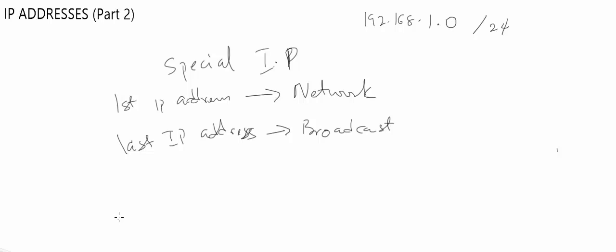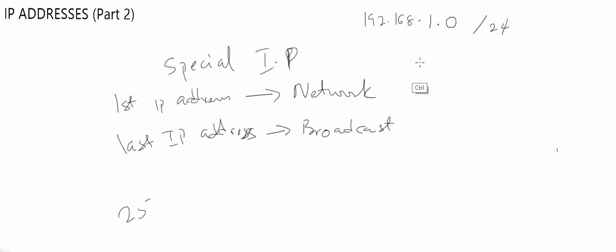What do I mean by slash 24? Remember, each 255 is what? 8 bits. 1, 2, 3, 4, 5, 6, 7, 8. All 8 bits turned on, right? Dot. All 8 bits turned on plus all 8 bits turned on. Add 8 plus 8 plus 8. That will give me what?